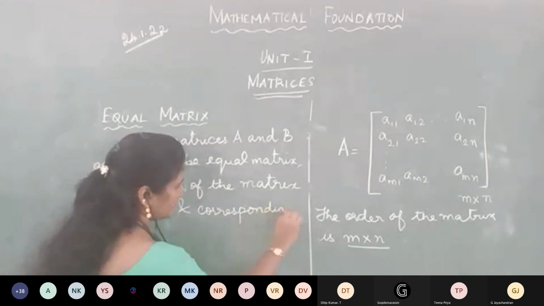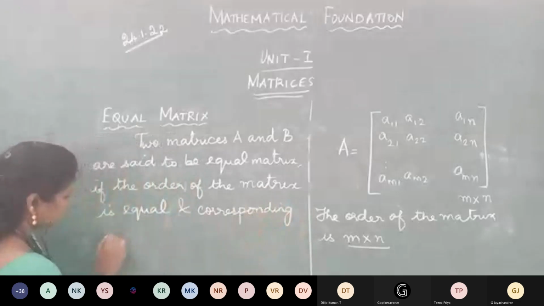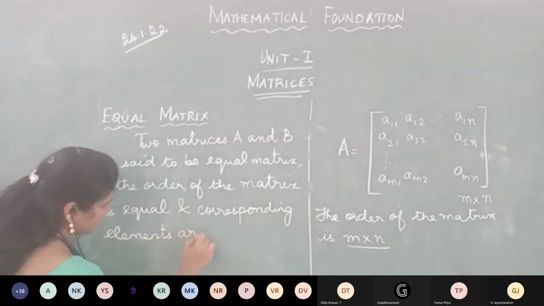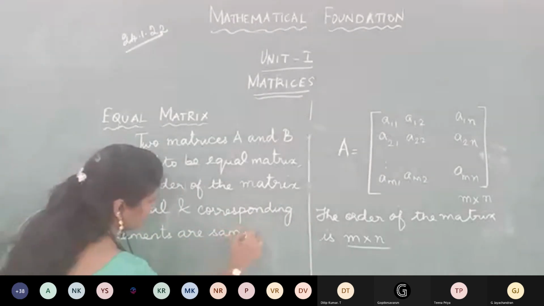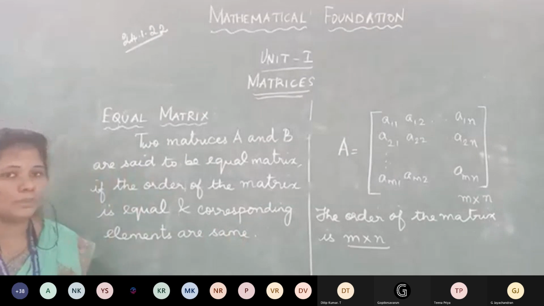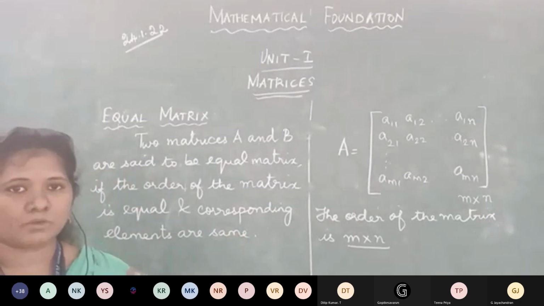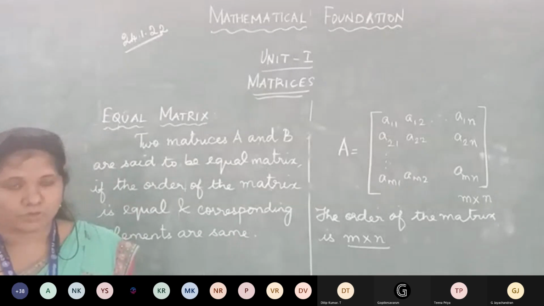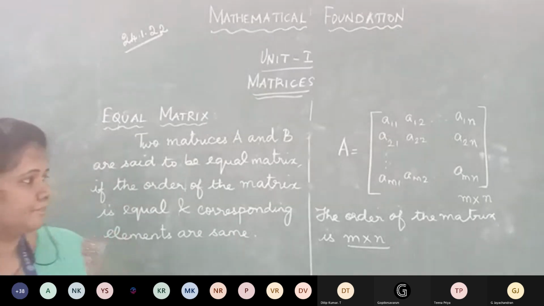Corresponding elements are your numbers. So then it is called an equal matrix. If your elements are also the same and if your order is also the same, then it is called an equal matrix.